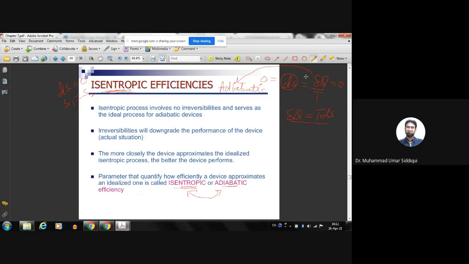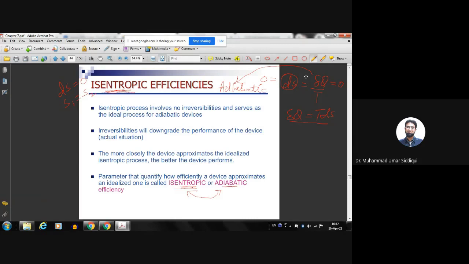If there is no irreversibility in the system, there are no losses in the system. No losses in the system means it's an ideal system. So whenever we talk about isentropic devices, an isentropic process or an isentropic device is a device where there are no losses in the device.